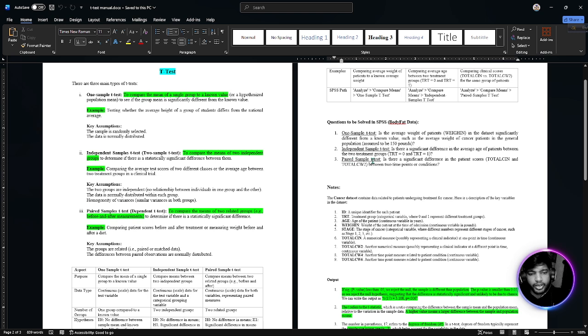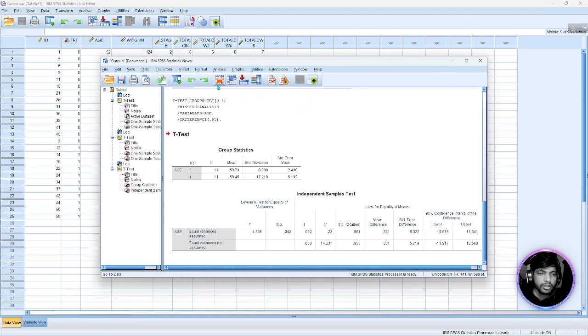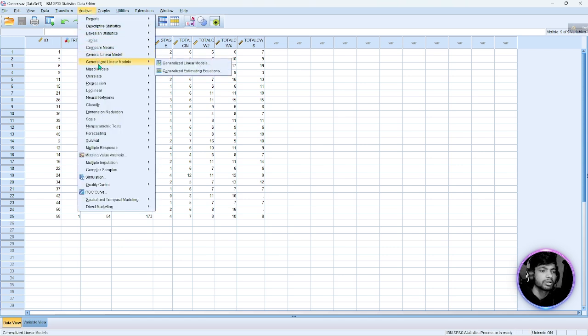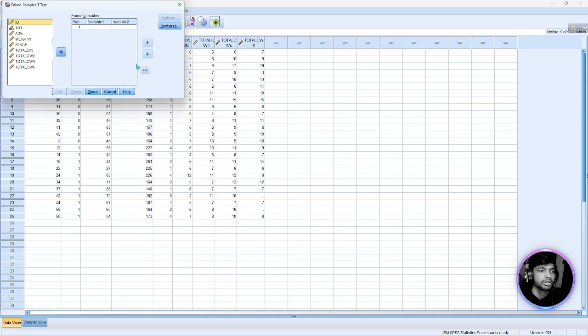And the third problem is the paired sample t-test. Here it says: is there any significant difference between the patient score total CIN and total CW2? These are two conditions, and I have to check it with a paired sample t-test. Let's see. I have to go to analyze, then compare means, then paired sample t-test.